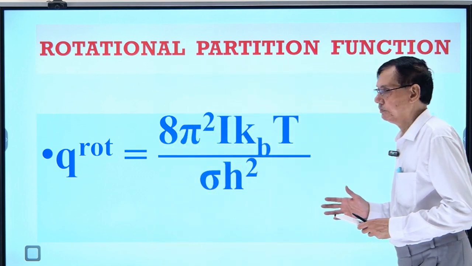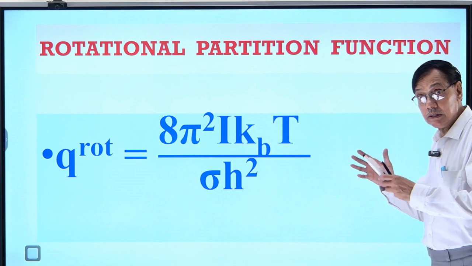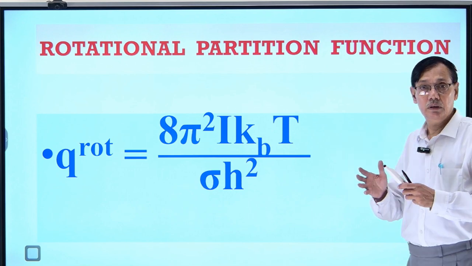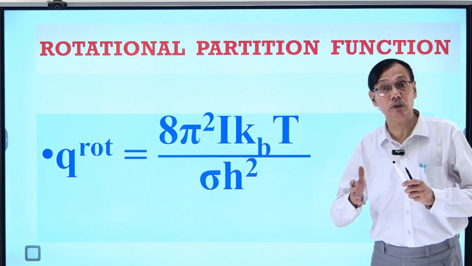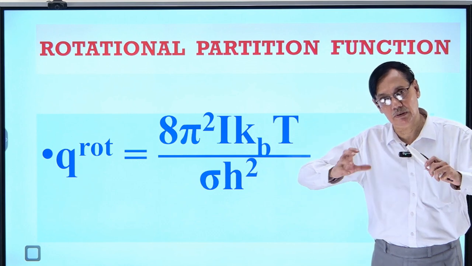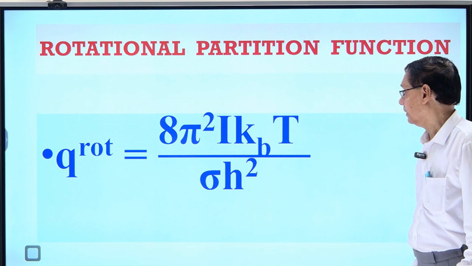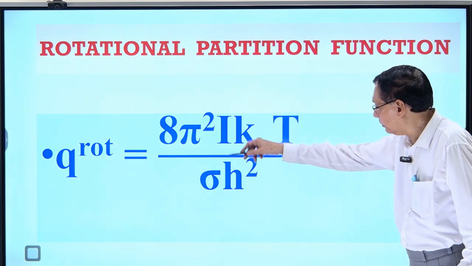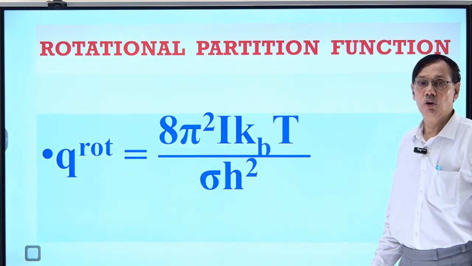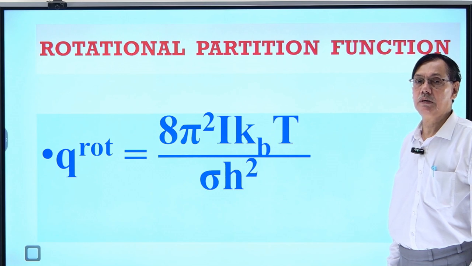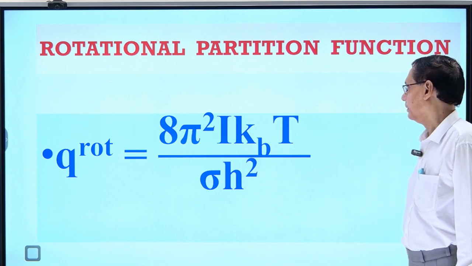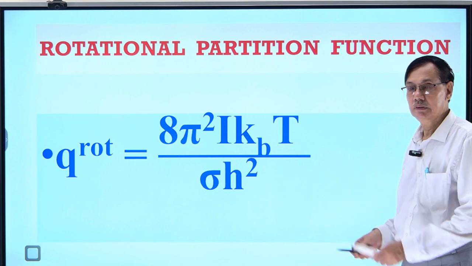But now we will discuss the rotational partition function, and you know that the rotation of a particular molecule is very important, and it depends upon various factors. So when you see this final formula of the rotational partition function very carefully, there are certain new things.